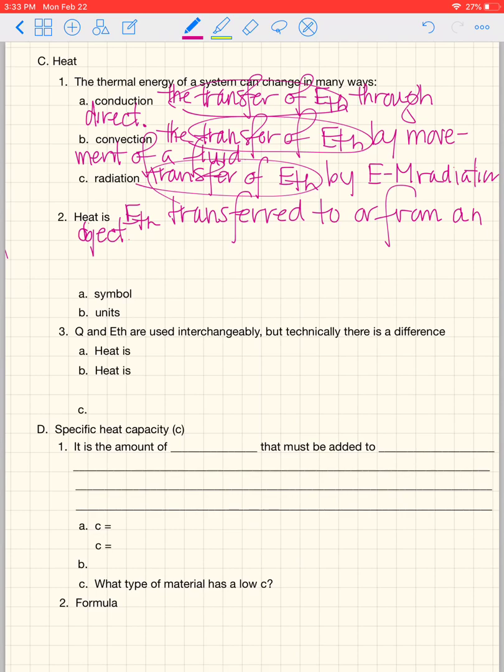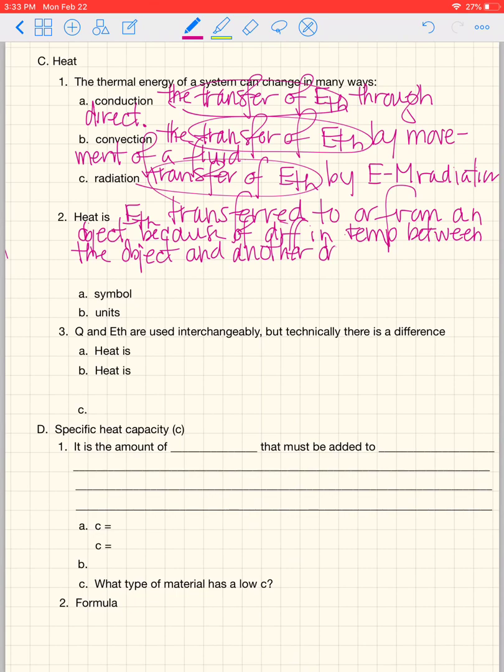To or from an object, because of a difference in temperature between the object and another object, or an object in its environment.